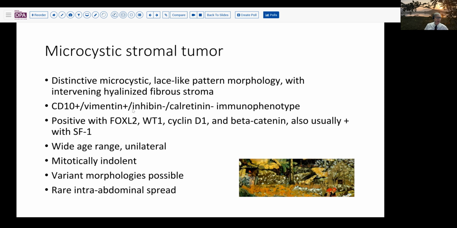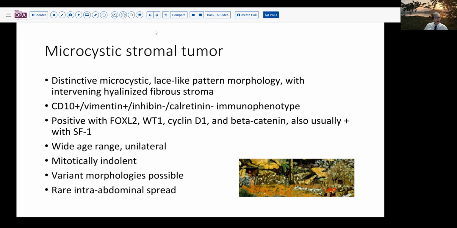These form the standard, I guess, by which you would make this diagnosis. This does occur in a wide age range and is usually unilateral. The tumors are mitotically indolent, although there can be occasional atypical cells and variable other morphologies. A few rare cases have been reported with intra-abdominal spread.